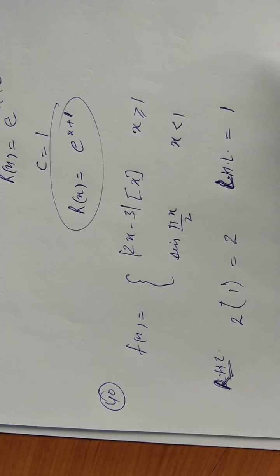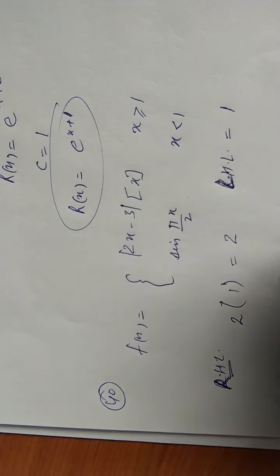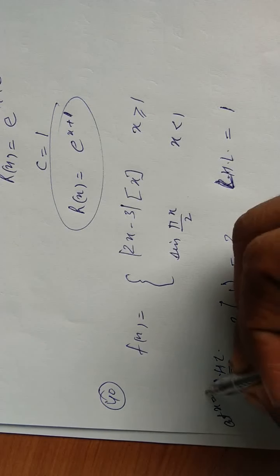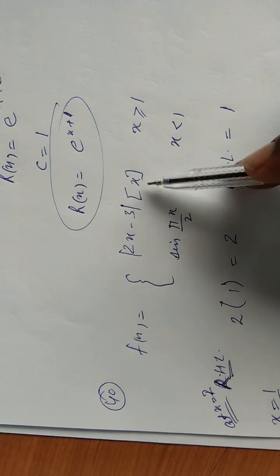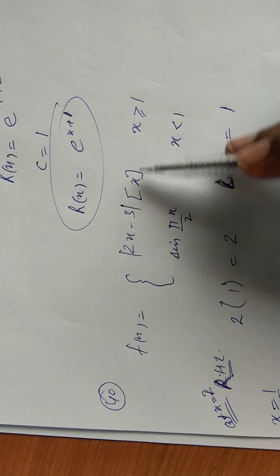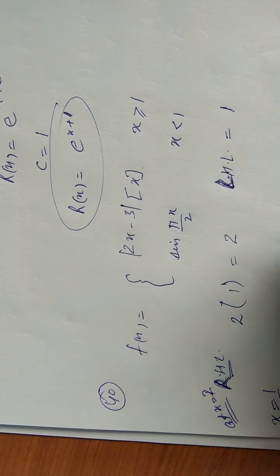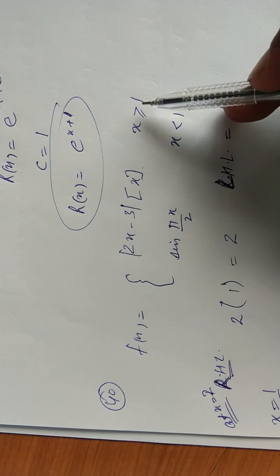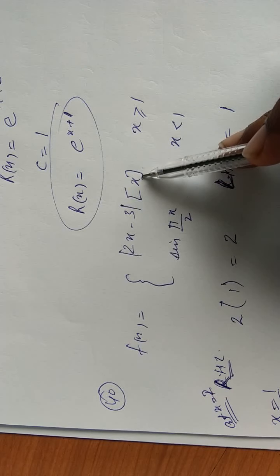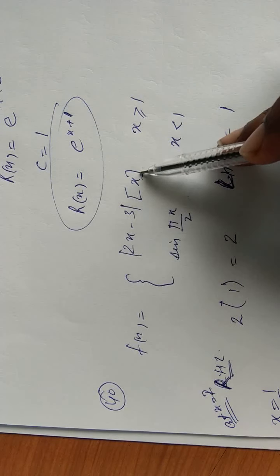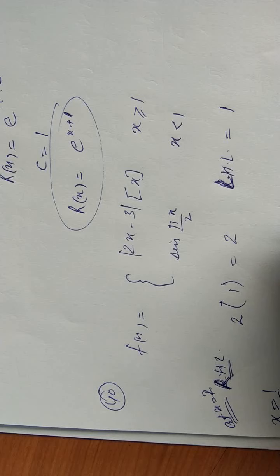Okay, now let's calculate at x is equal to 1. At x is equal to 1 positive, the box of x is going to be 1, and this is also going to be 1.